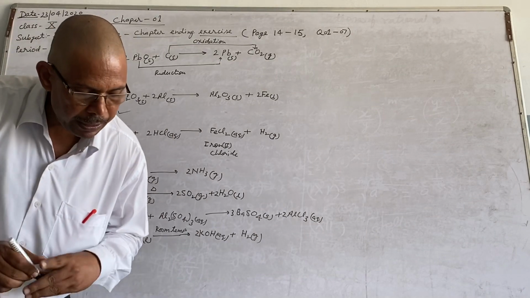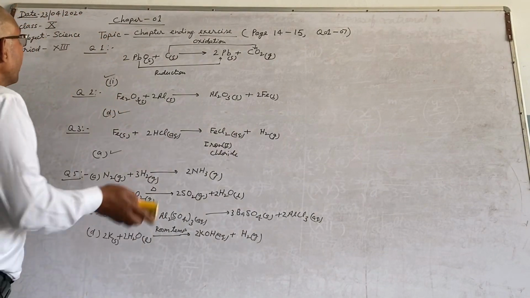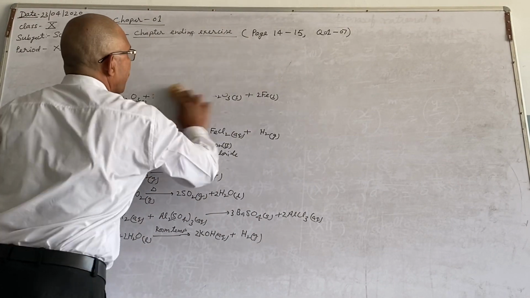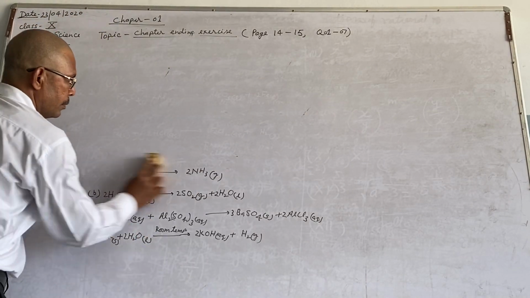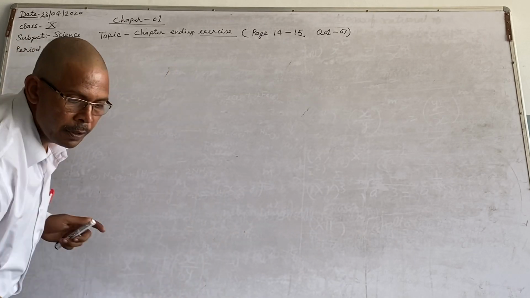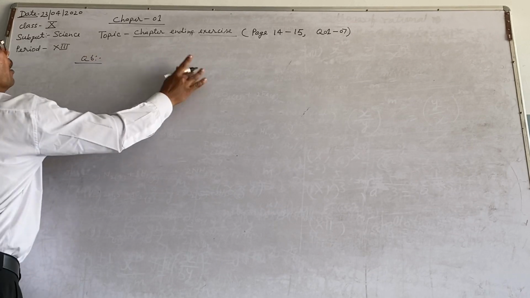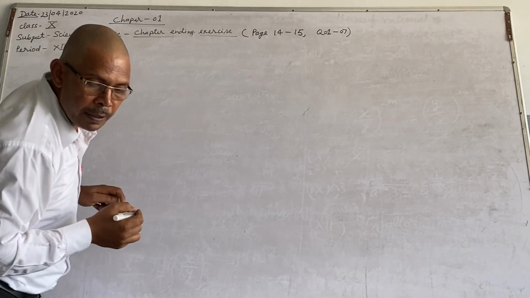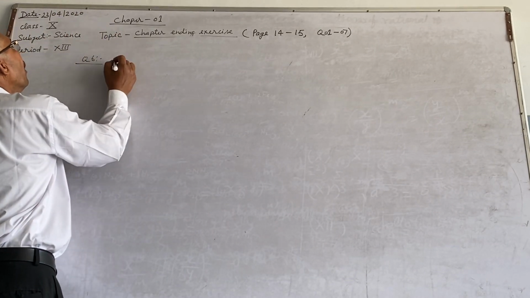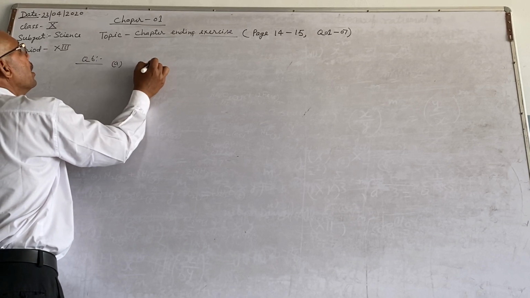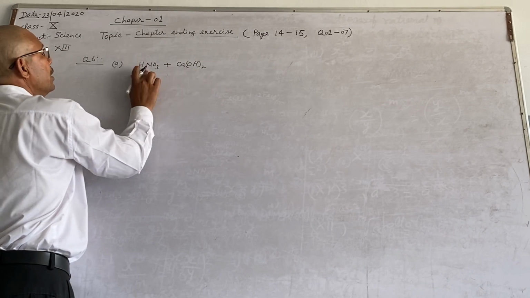Now see question number 6. Balance the following chemical equations. Part first. HNO3 plus Ca(OH)2.